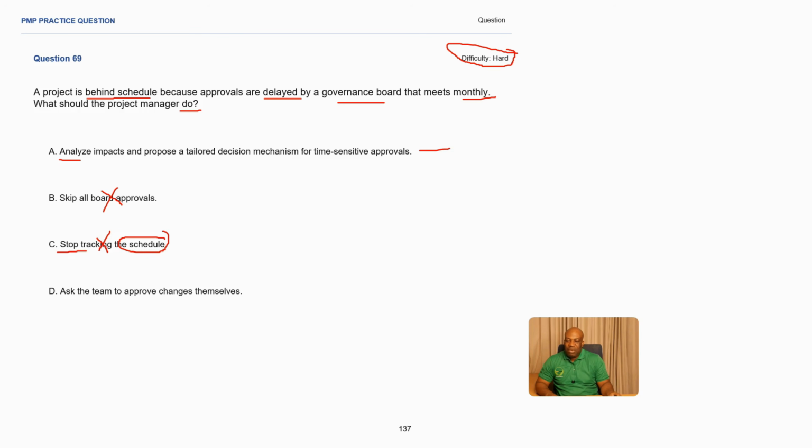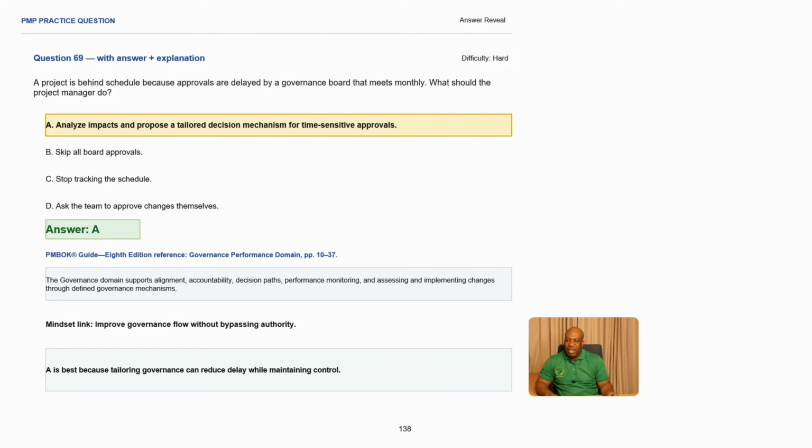Ask the team to approve the changes themselves. Approvals, if they are supposed to be done by high authority, you cannot ask your team to be doing that, making this one incorrect. So therefore, the best answer in this scenario is actually A, which is to analyze the impacts, propose tailored decision mechanisms for time-sensitive approvals.